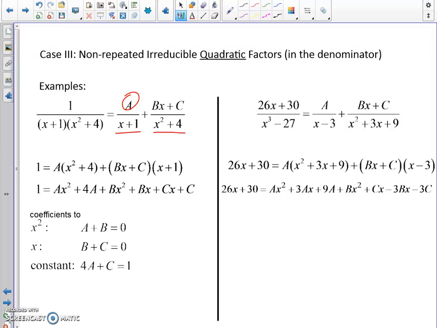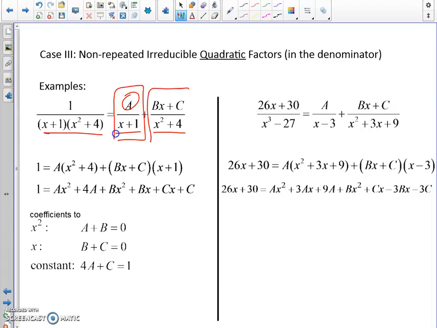As we did yesterday, now we're going to multiply by the common denominator. We're going to multiply this term by that common denominator. And now I'm only looking at the numerator from here on out. It's simply a times the quantity x squared plus 4 because the x plus 1s cancel out.